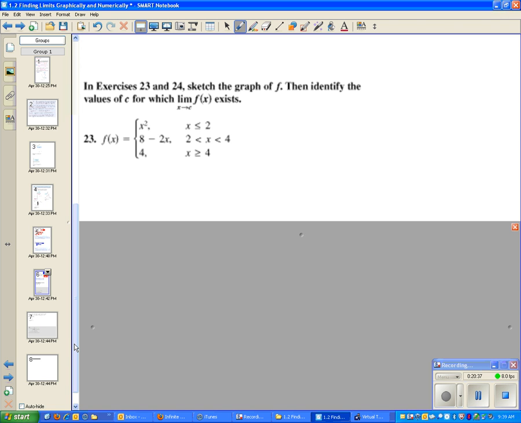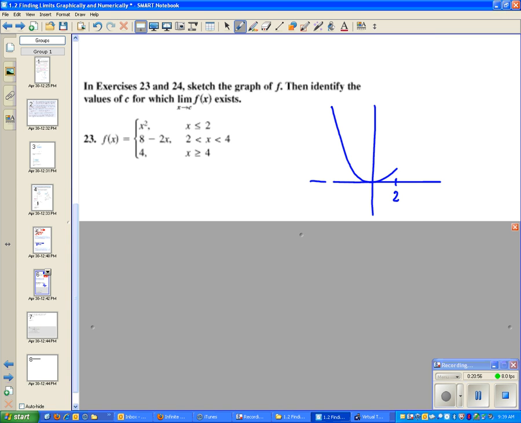You know what the graph of y equals x squared looks like, don't you? Looks like that. So that's the graph for all the x's less than or equal to 2.